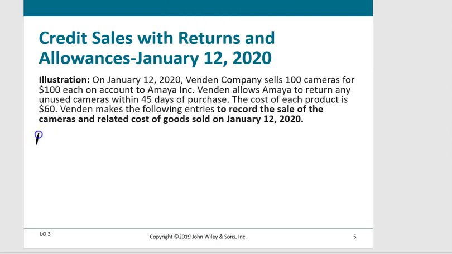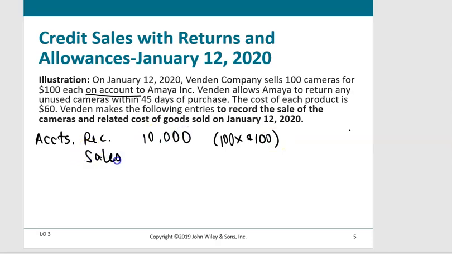When we make a sale, we debit accounts receivable because this sale was on account. We sold 100 cameras for $100 each, so accounts receivable increases by $10,000 and sales revenue increases by $10,000.